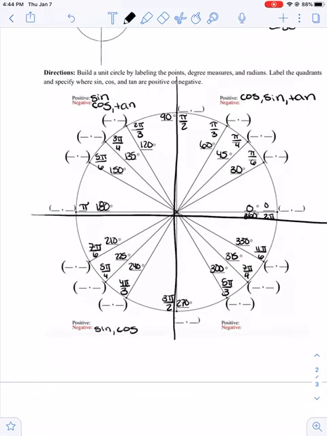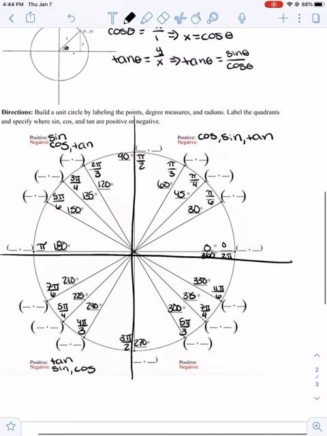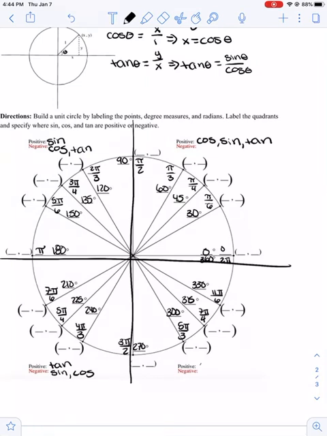And then two negatives, so a negative divided by a negative is a positive. And then for the last one, we have the x is positive, which is cosine. And y is negative, which is sine. And then a negative divided by a positive is a negative. So tangent is negative.